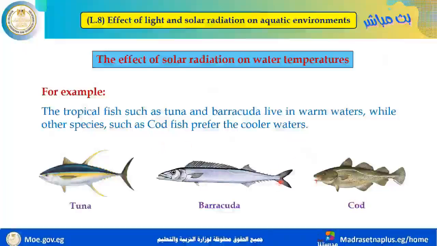Okay, so here the difference in the temperature controls the type of living organism that lives in this area. The codfish prefers to live in the cooler water, but barracuda and tuna prefer to be in the tropical region where the conditions are a little bit warm.